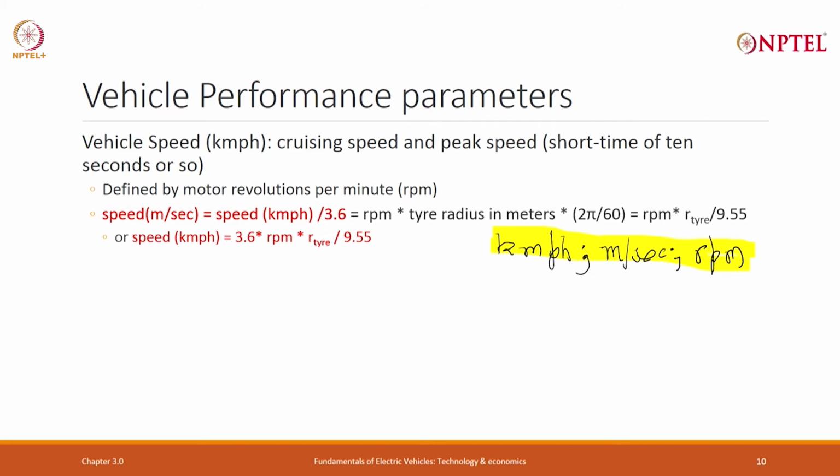If you want to compute that from RPM, it is RPM into 2 pi R, but that is per minute, so converted to seconds it is divided by 60. This is the speed in meters per second: RPM multiplied by 2 pi R divided by 60, and if I work out 2 pi by 60, it is actually RPM into R tire divided by 9.55.